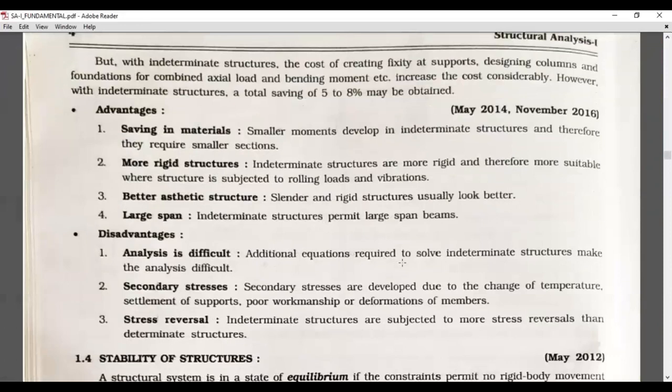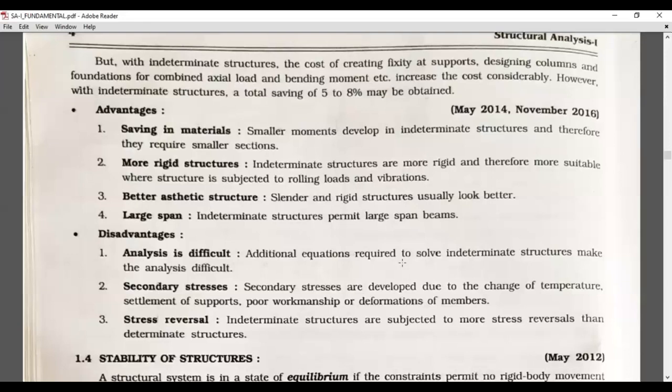However, with the indeterminate structure, a total saving of 5 to 8% may be obtained. It's not big, but viable.